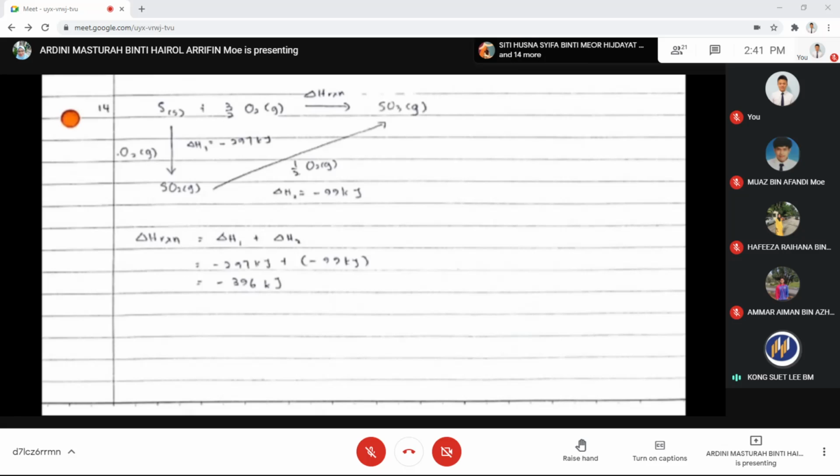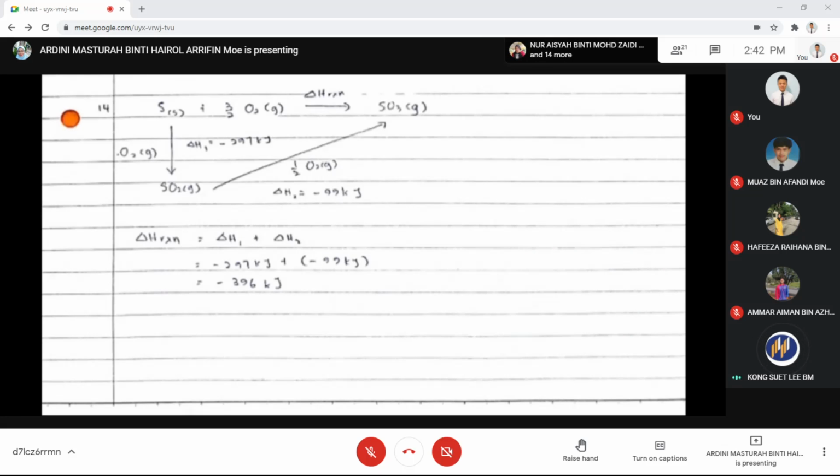And after that, we use the information given with the two equations that S plus O2 will produce SO2 and the enthalpy is negative 297 kilojoules. I label it as enthalpy 1. And then the second equation, SO2 plus half O2 will produce SO3 and the enthalpy is negative 99 kilojoules and it is labeled as enthalpy 2.